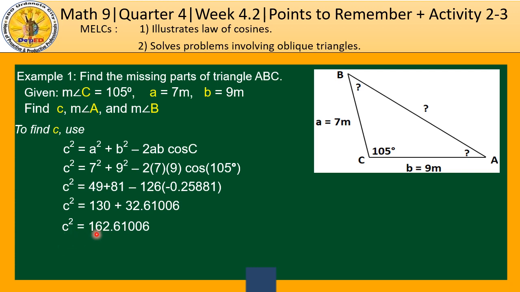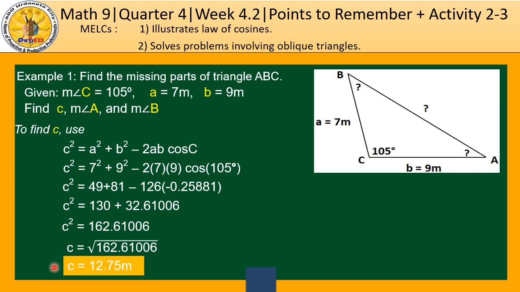Then this is not yet the final answer because the side is still squared, so let us take the square root. Square both sides of the equation. This will be the resulting, the square root of 162.61006.